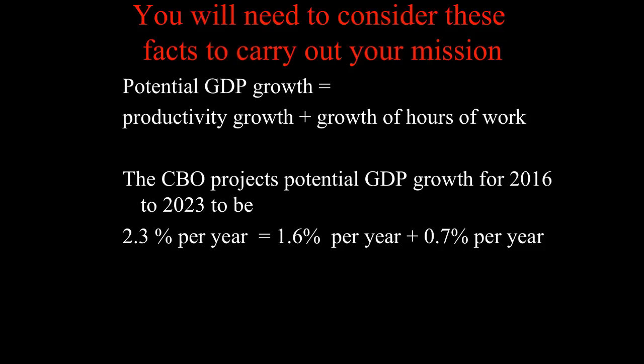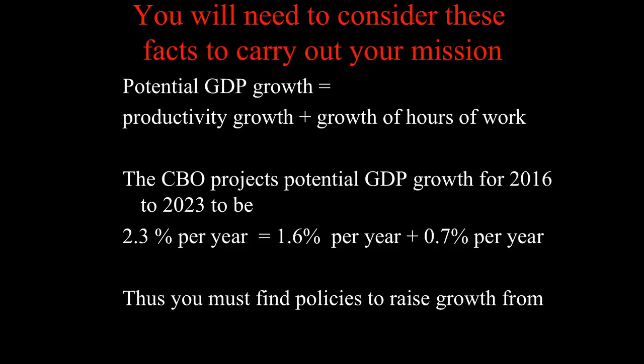They think of that 2.3% per year as due to 1.6% per year productivity growth and 0.7% per year growth of hours of work. So to increase that 2.3%, you've got to think about the 1.6 going higher and/or the 0.7% per year going higher. Thus, you might find policies to raise growth from 2.3% per year to 3.3% per year using the Growth Accounting Formula and using these facts.